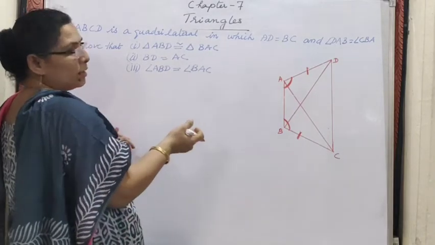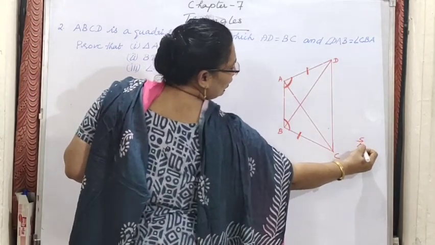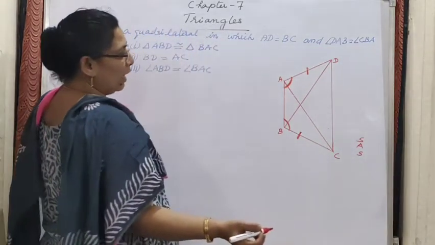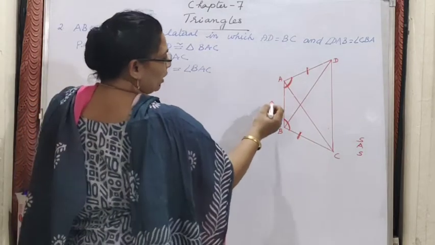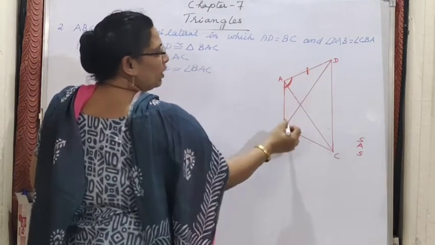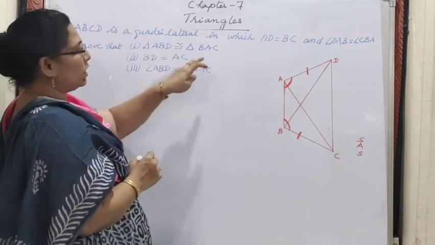Now for the third criterion, we have a side and an angle, so either we should get another S or we should get A. A we cannot get because nothing is marked. So for one more side, AB is possible for us, or BD is also possible. Now which is coming in the next triangle we should see.